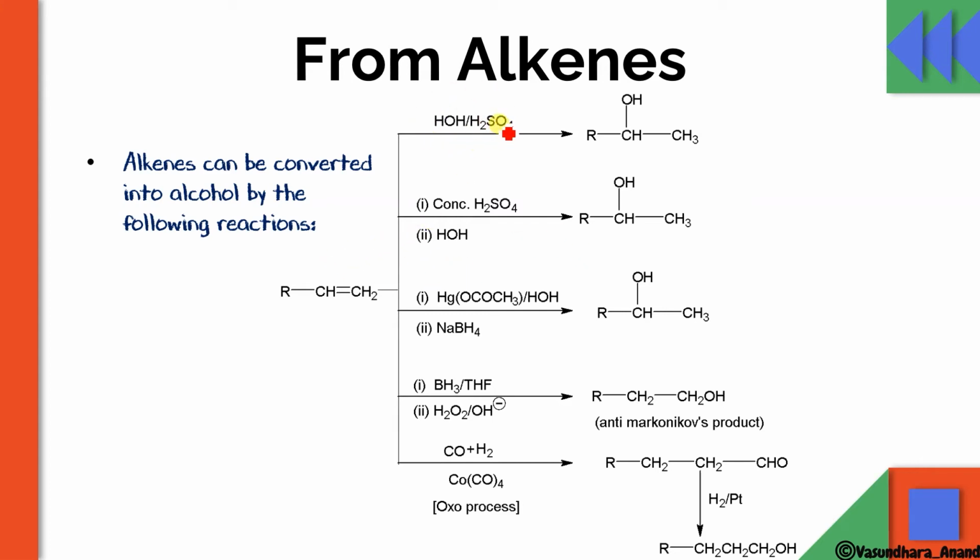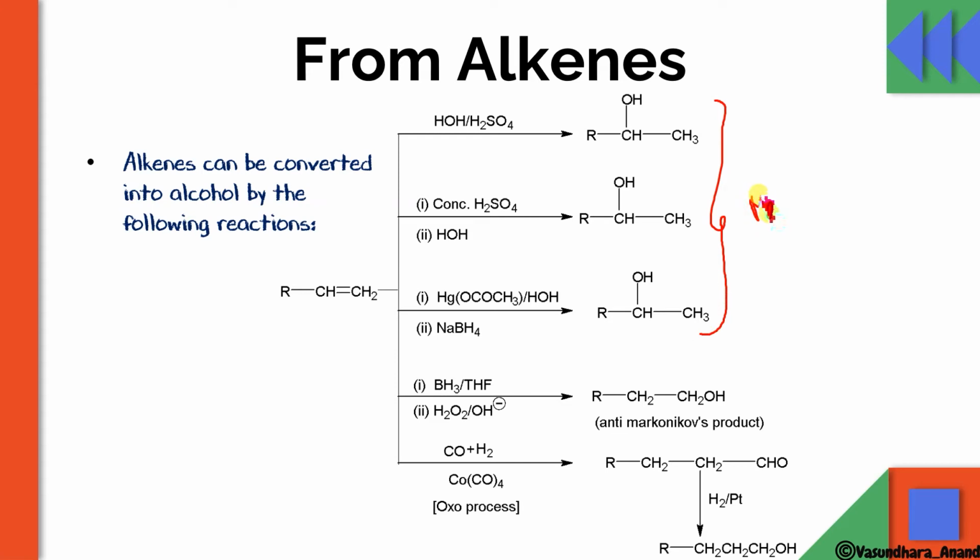We do HOH with H2SO4, which is hydrolysis in the presence of H2SO4 acid, and it will give the alcohol directly. Or in another way, first react it with H2SO4 and then hydrolyze, and then also it will give the alcohol. So all these three that we have done will follow Markovnikov's rule.